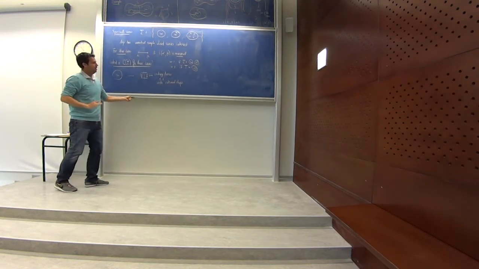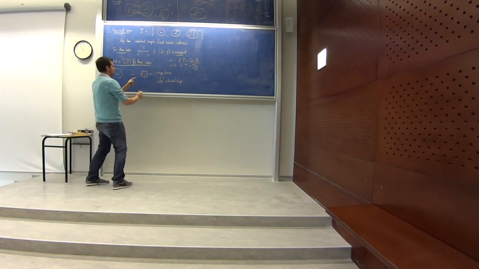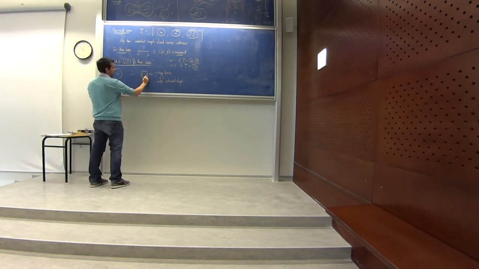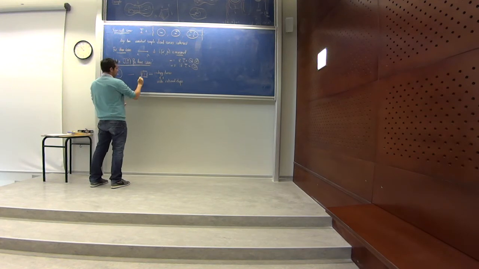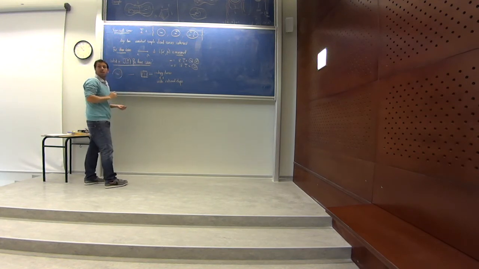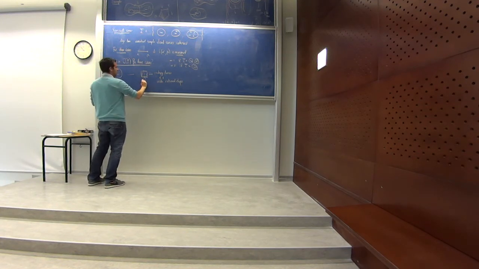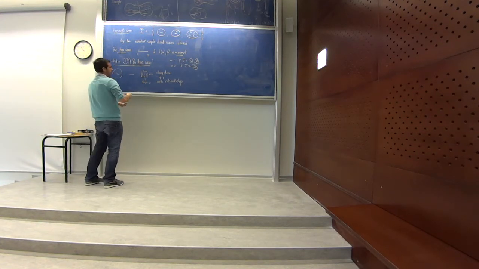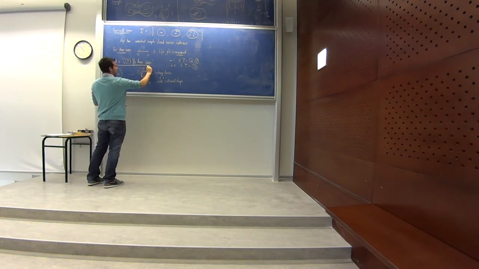And I do want to have an exceptional case. So for instance, this curve here corresponds to slope 0. And this one here corresponds to slope infinity.